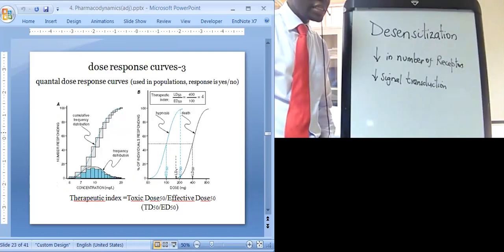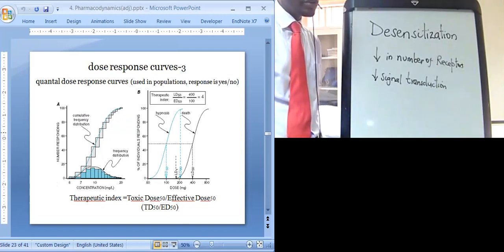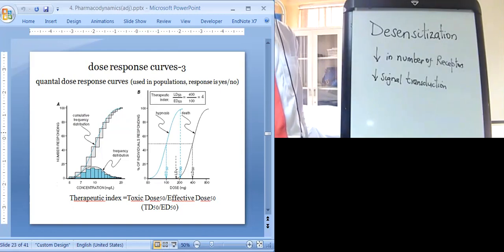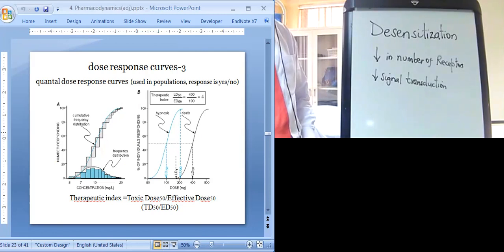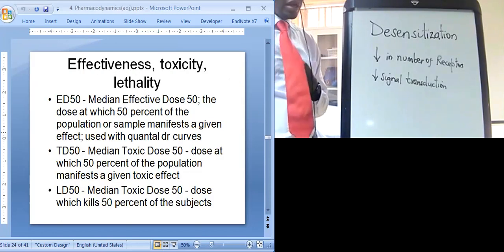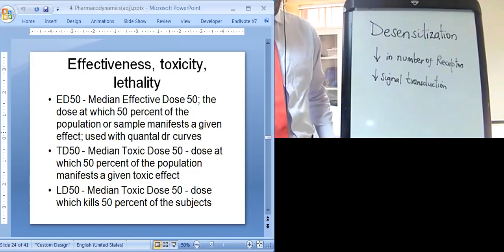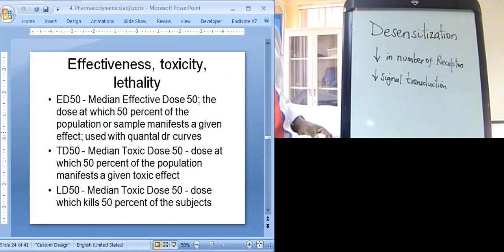Okay, basically these are curves that are showing us those response curves. But maybe before we go, we come back to that. First we need to know what we mean by effective dose and lethal dose.